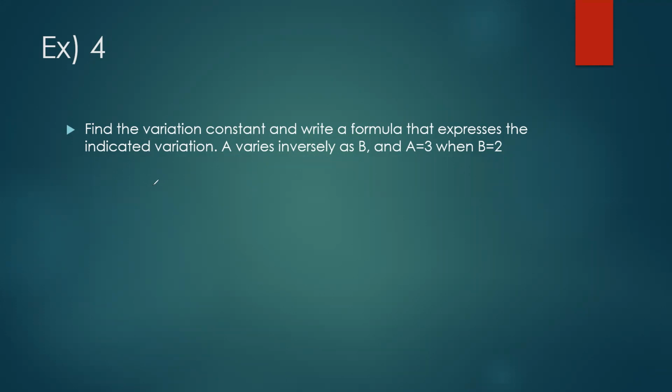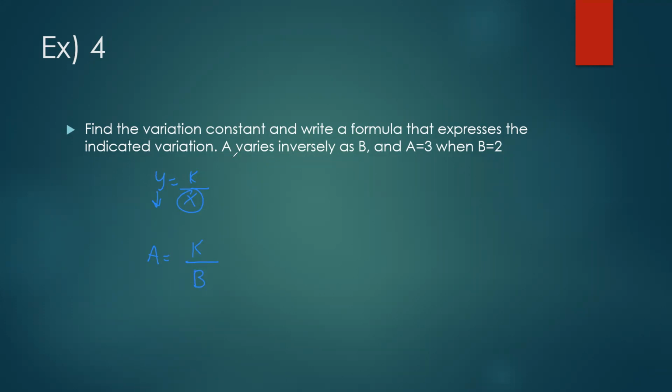Inversely means division. So it's like y equals k over x, but we're not going to use y or x. Instead, it says A varies inversely, so we're going to replace y with A, leave k alone, and inversely is B, so we're going to replace x with B.